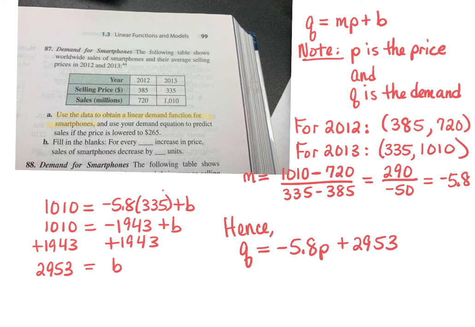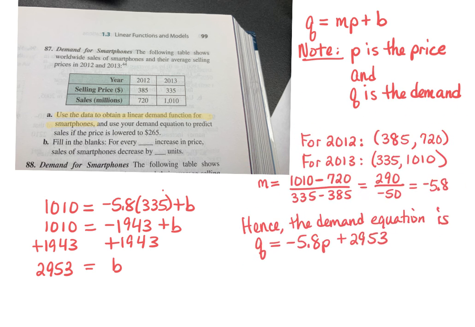You got it. Good. So hence, the demand equation is Q equals negative 5.8P plus 2,953. So we found this part.